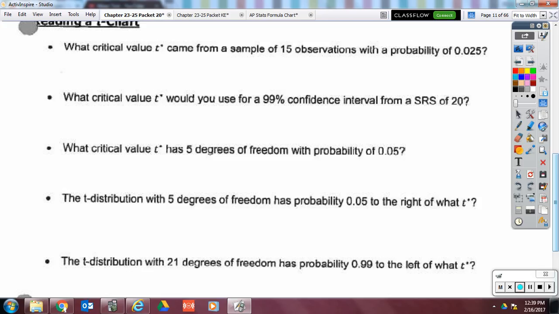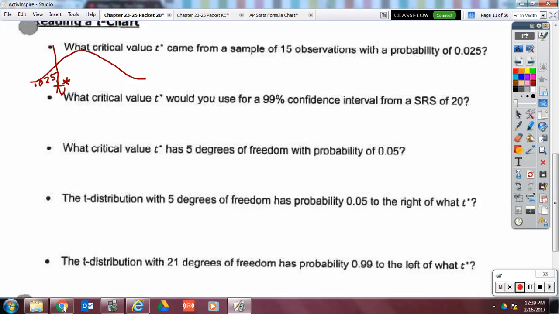Okay, so what critical value came from a sample of 15 observations with a probability of 0.025? We're going to go with the fact that 0.025 is what is below that critical T-star value. So how am I going to find that T-star? How did we find a Z-star?